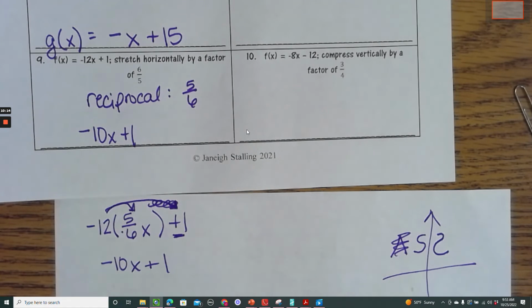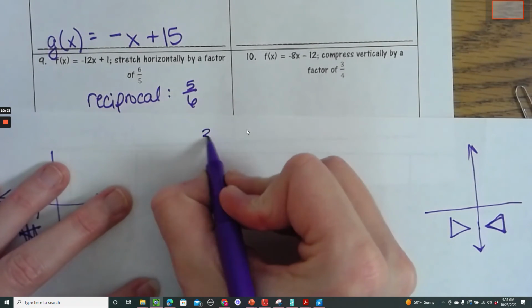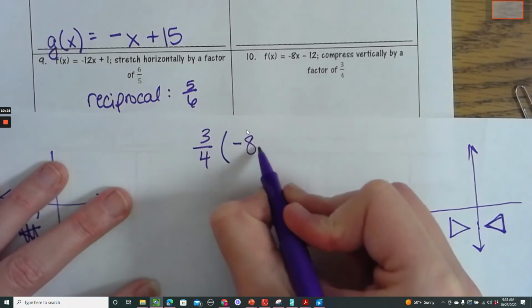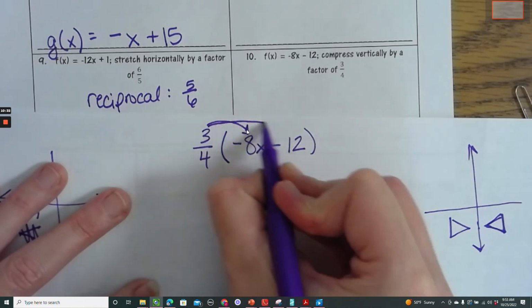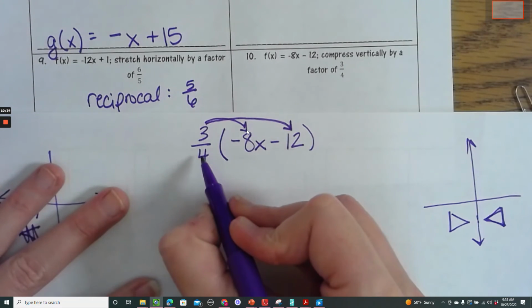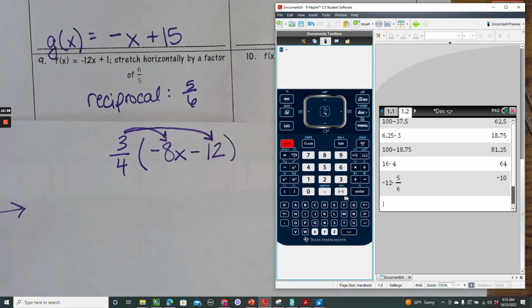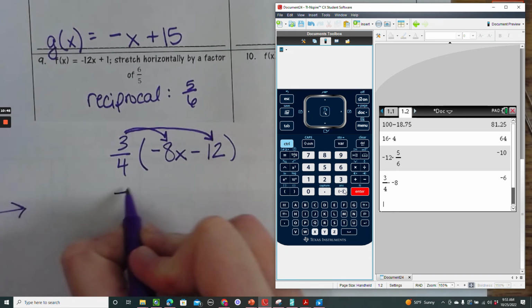Now we're compressing vertically. If we're compressing vertically, we multiply the entire equation by that number. Okay? So I would do 3/4, and then I would multiply that by the entire equation. So I would do 3/4 times -8. 3/4 times -8 gives me a -6.